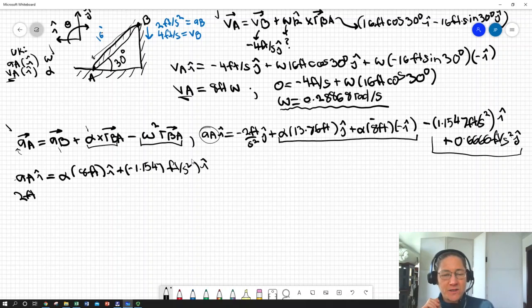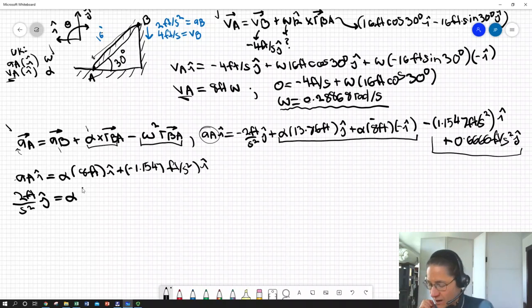Notice all of my units are making sense. I've got 8 feet, I know omega is going to be in radians per second, so I've got feet per second squared, and I've got feet per second squared. So that's reassuring. As I work through, one sure sign of a mistake is if the units aren't matching up. That would tell me to go back and look to see where there was an error.